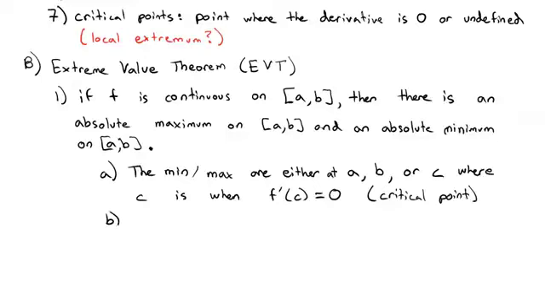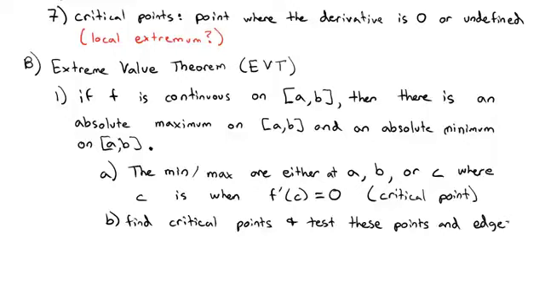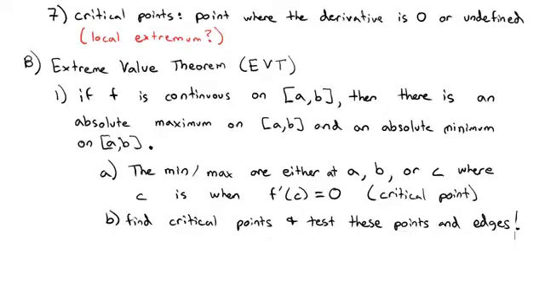What this is really saying is find the critical points and test these points and the edges. And either the critical points or the edges are going to be your minimums and or your maximums.